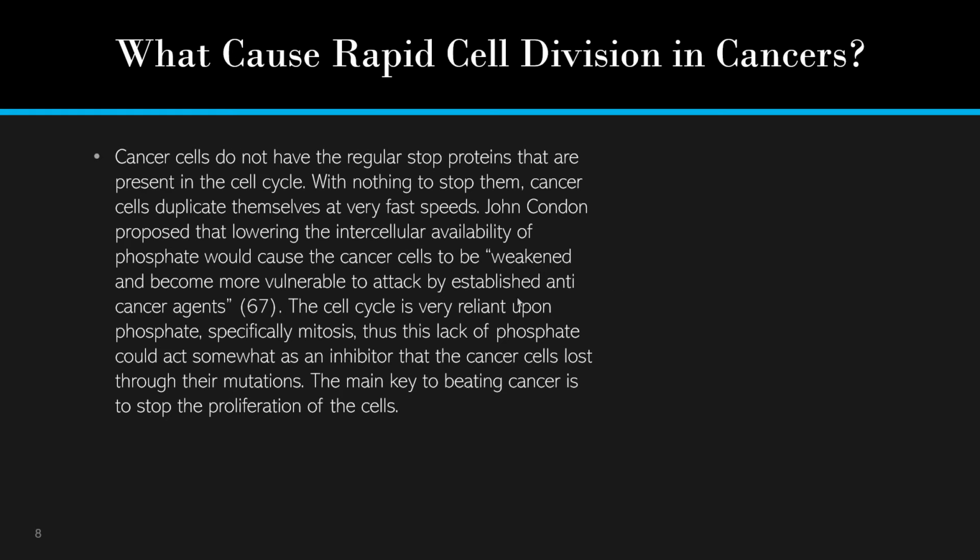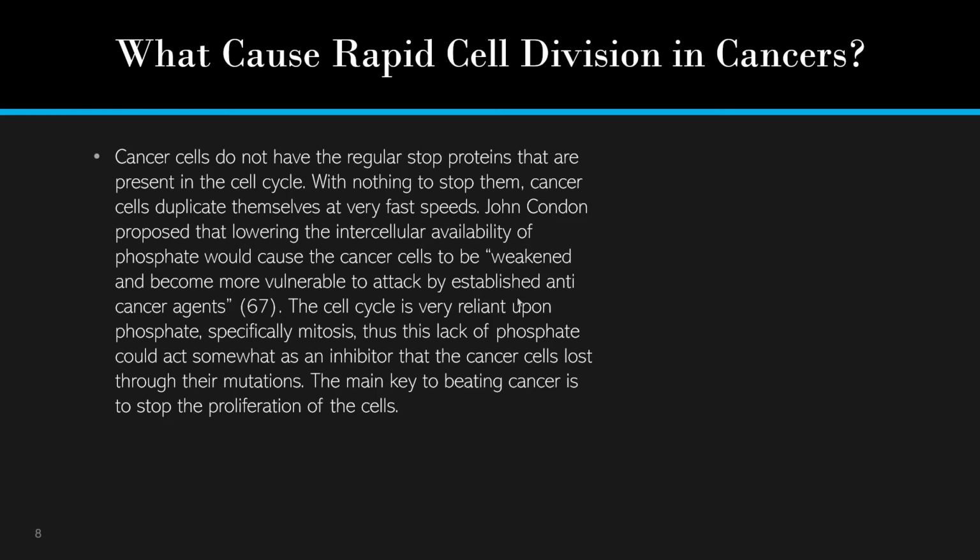What causes this? John Coden proposed that lowering phosphate would actually help weaken and slow down the cancer cell's cellular cycle, so they couldn't reproduce as fast.